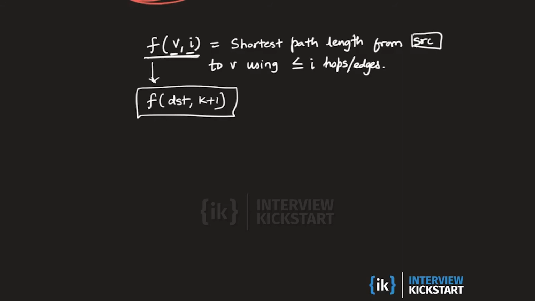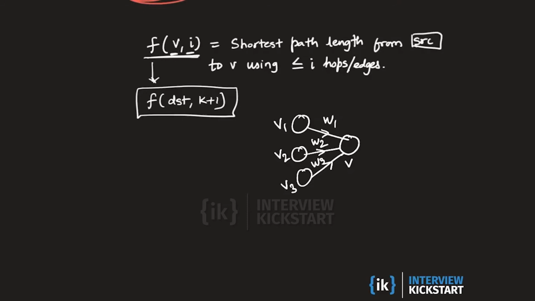So for example, let's say this is our vertex v, and let's say it had 3 incoming edges from 3 neighbors. Let's say those neighbors are v1, v2 and v3. Let's say these edge weights were w1, w2 and w3.